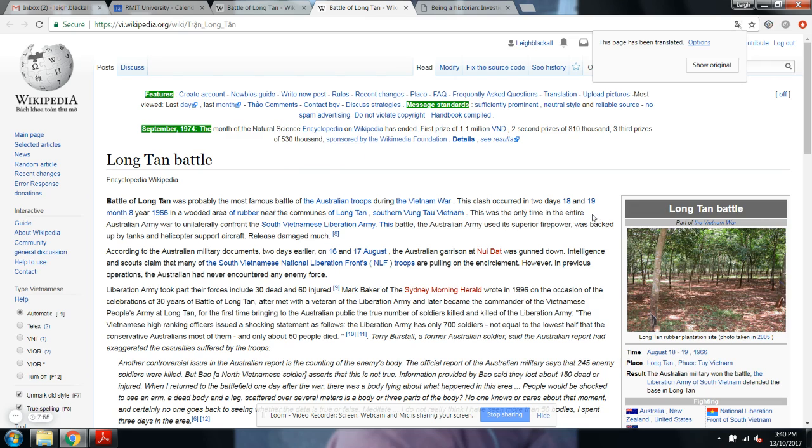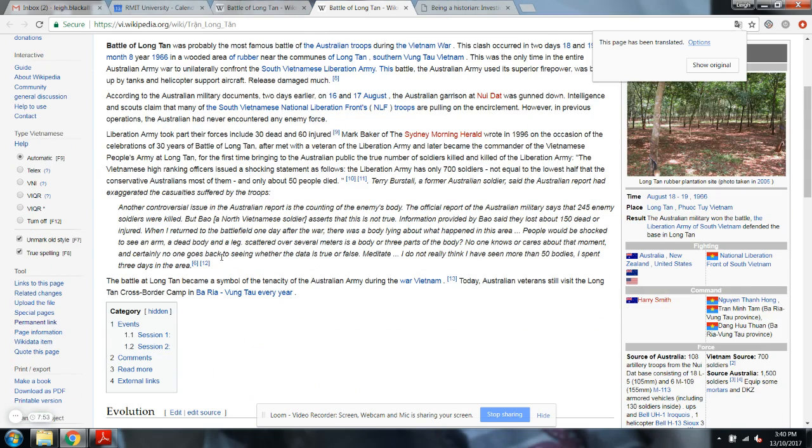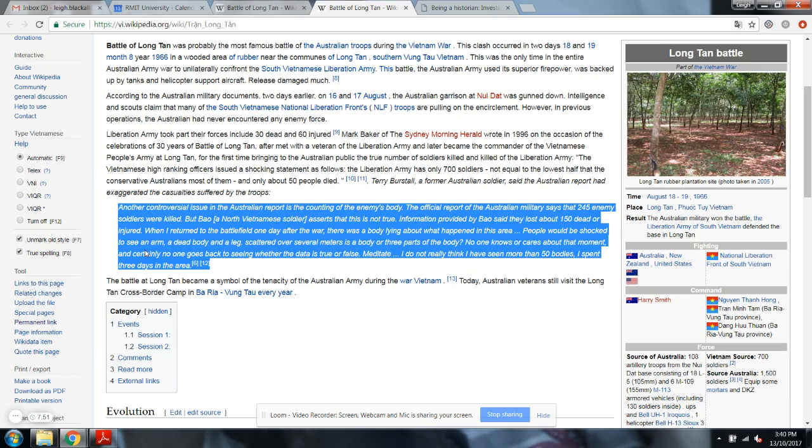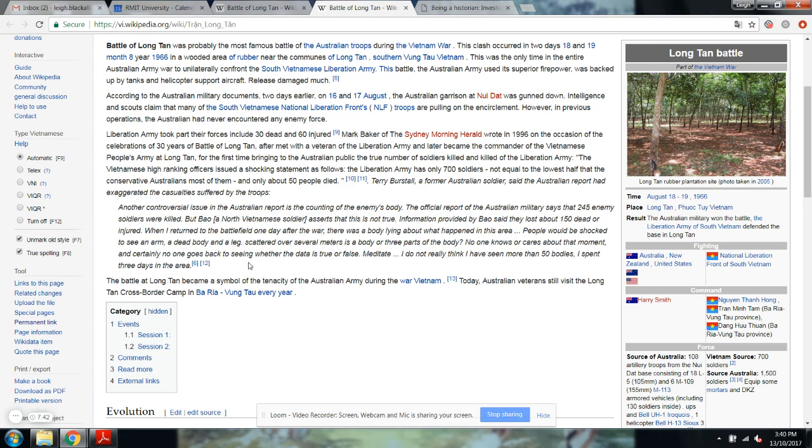But when you read the article, there's one thing that stands out quite a bit, and this is the account of casualties. Naturally, I suppose the Vietnamese would be sourcing Vietnamese sources on the casualty counts, but when we look at the references here, one of them is to Terry Burstall, the author of A Soldier Returns, University of Queensland Press.